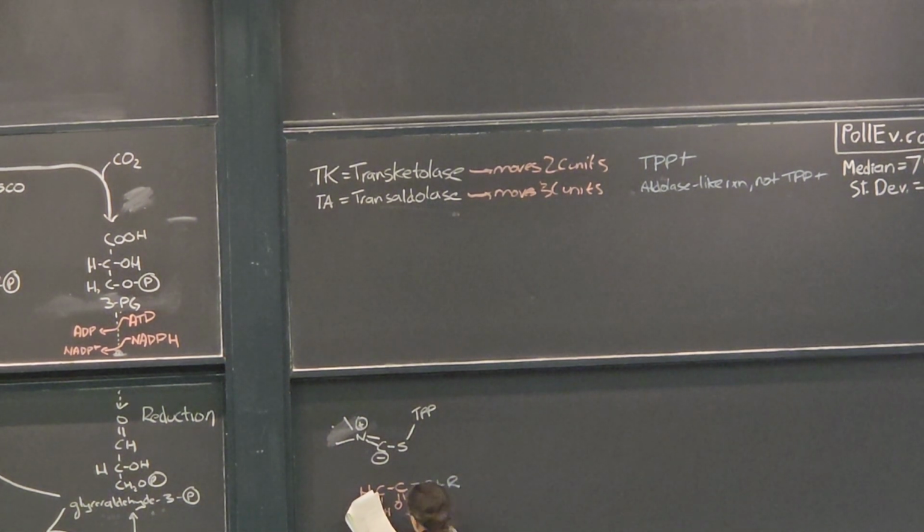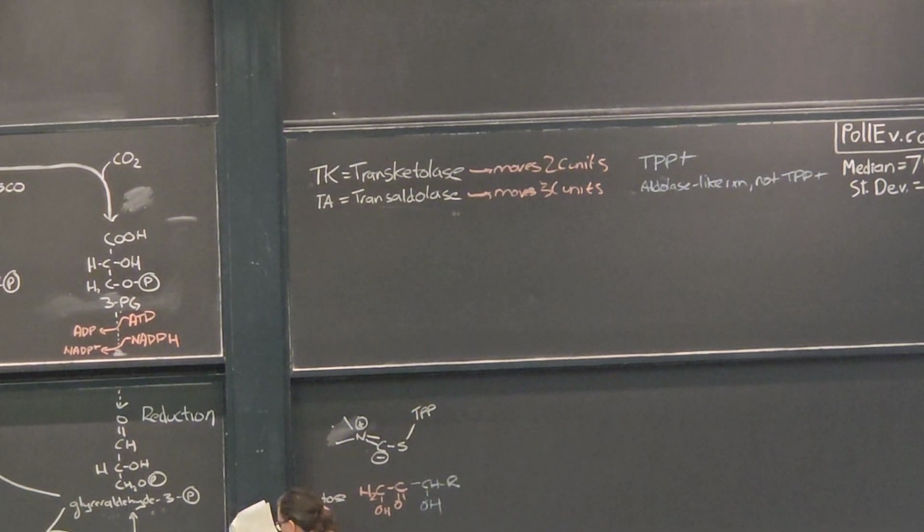No H here. So this here is our ketose donor. And what we can do is use this lone pair of electrons to nucleophilically attack this ketone right here and pull a proton from solution.